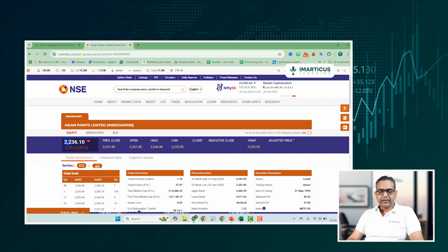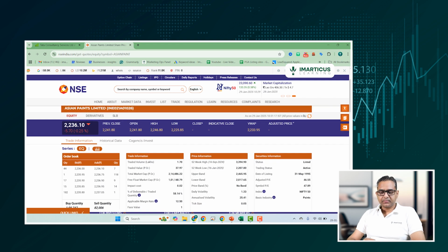What we see here on the website of the exchange is the last traded price. So the last trade happened at this price. That means there are buyers and sellers, as we can see from the order book, and based on the quantity and the price in the order book, the trades get matched, and then the trade happens, and this is the last traded price.